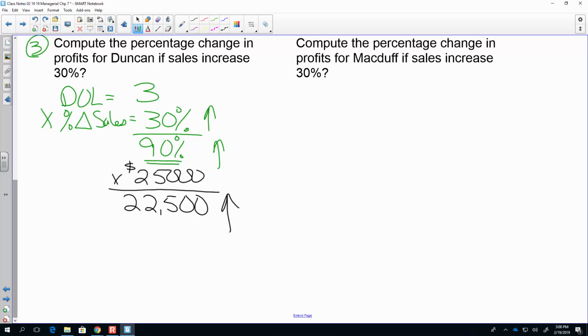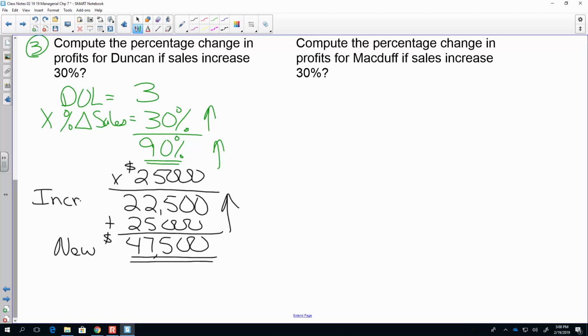So my new income is going to be what? The projection is 47.5 will be our new income. Our increase in income is going to be what? 22.5.